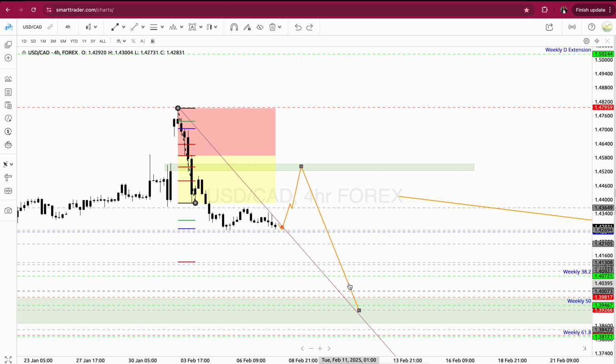So, but for now, taking this in smaller doses, for now, my D extension is right here. So there's an opportunity for a buy, but ultimately the move is for the sell, right? So looking at this from the perspective of a buy, that's 245 pips to the upside.